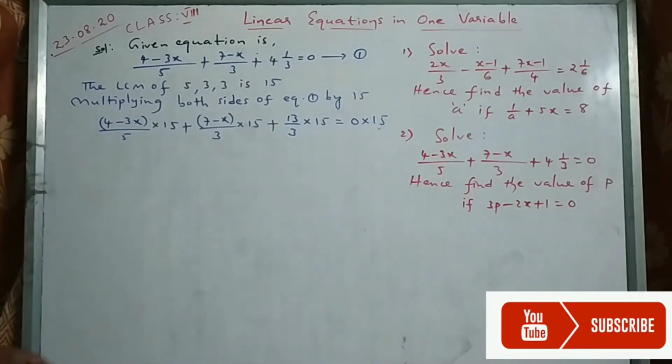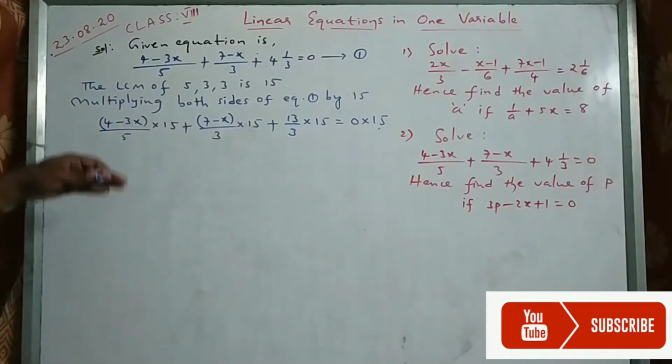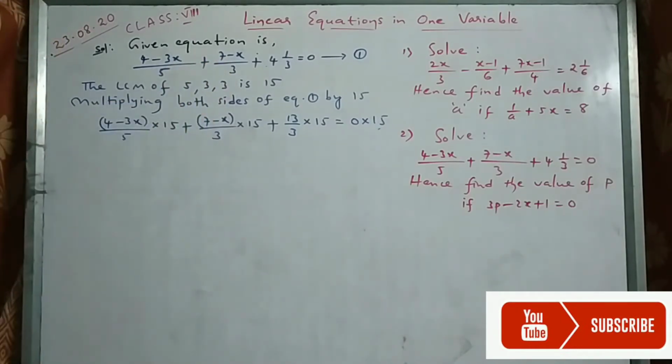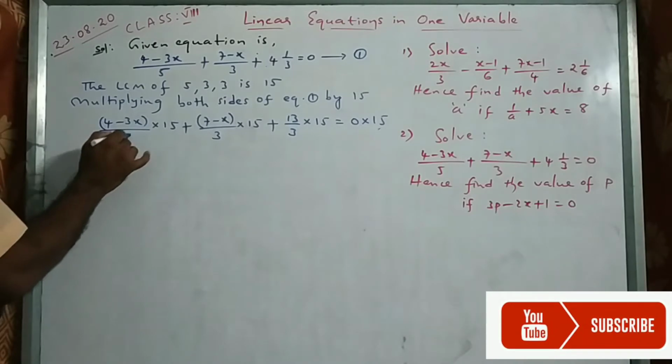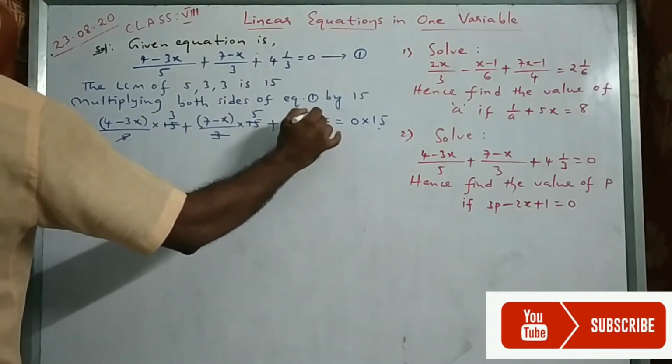Both sides we have to multiply. To simplify the fraction type calculations, take the LCM of denominators and multiply throughout the equation by that LCM.